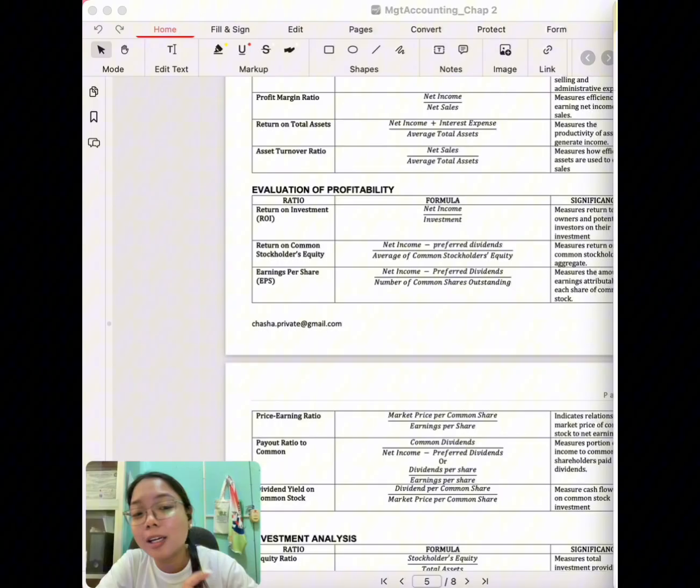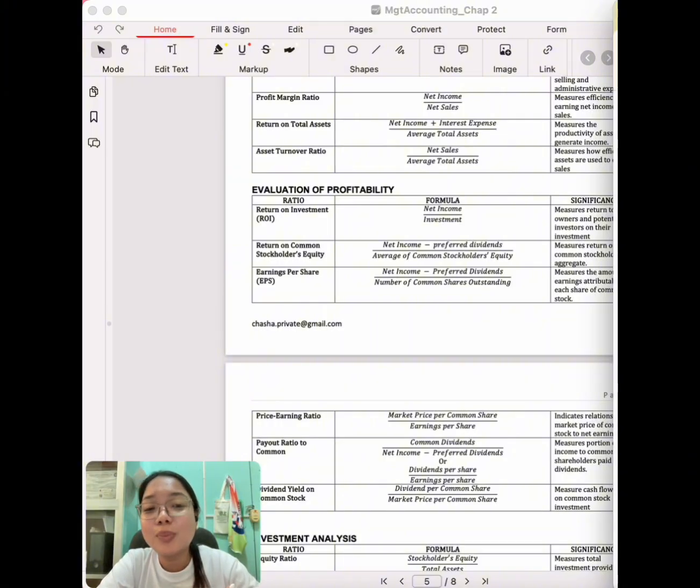So that is ROI. Next, we have return on common stockholders' equity. Ang formula naman dyan is net income minus preferred dividends divided by average common stockholders' equity. So this ratio focuses specifically on the return attributable to common stockholders. Why do we deduct preferred dividends?